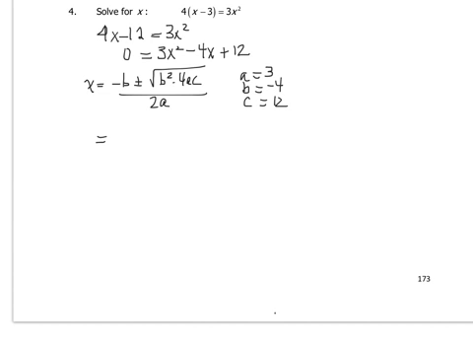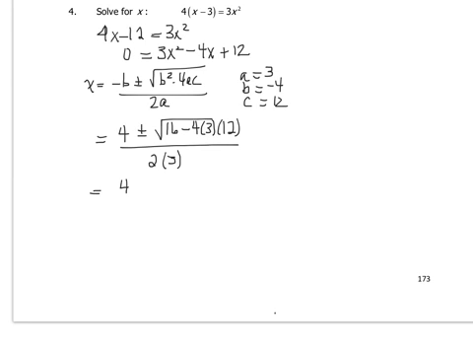So this would equal, again, negative for the b means the negative of a negative would become positive 4, plus or minus the square root of b squared would become 16, minus 4, a is 3, c is 12, all over 2 times 3.